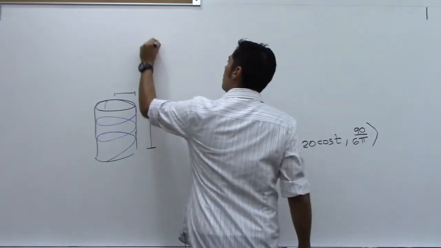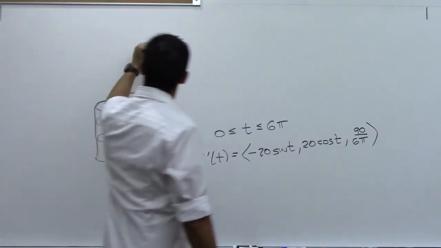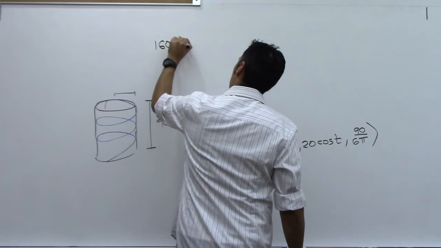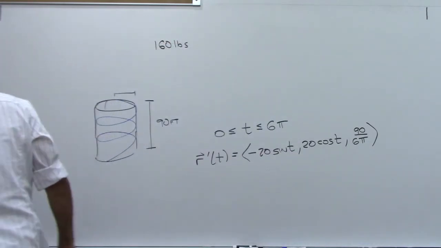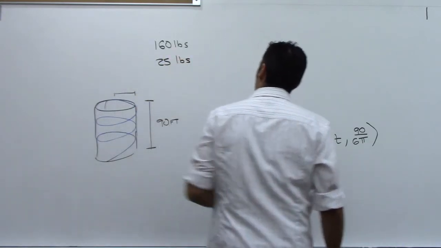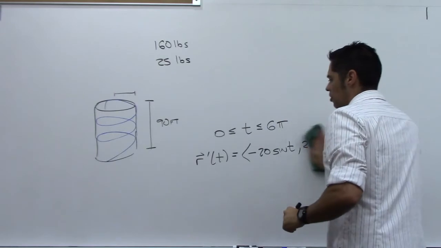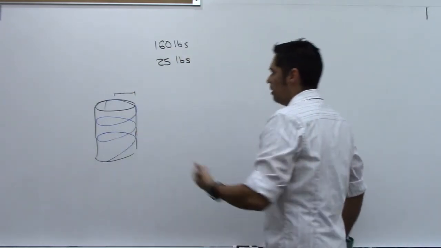Remember, he was a 160-pound man to start. Then you had a 25-pound bucket. And 9 pounds of paint should leak out steadily through the entire trip, so linearly.